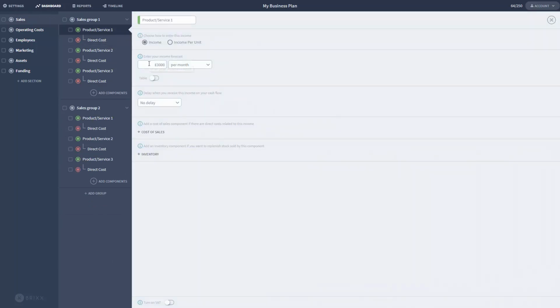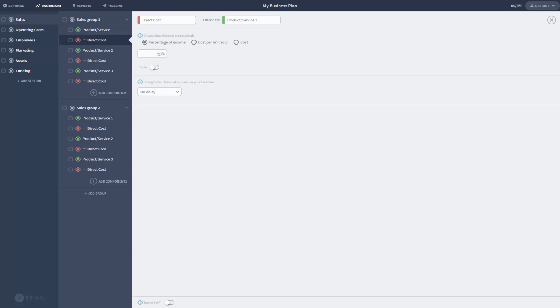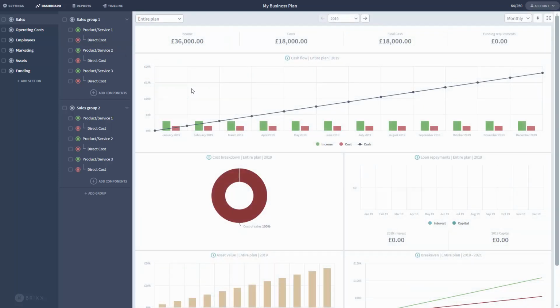We had a product that's selling £3,000 per month, and if I go to my direct cost, I have that set so that 50% of that income is coming through as a direct cost, and this might be material costs for buying that product before I can sell it, or any other costs directly related to that income.